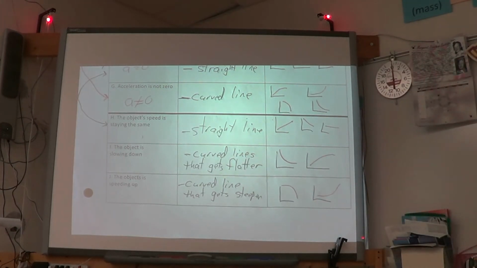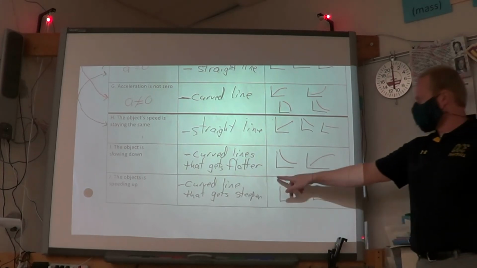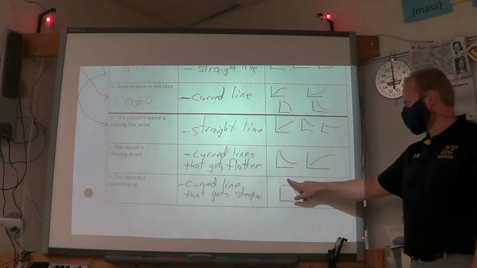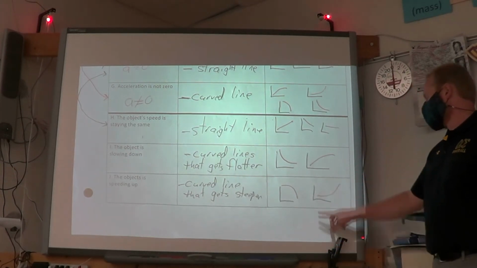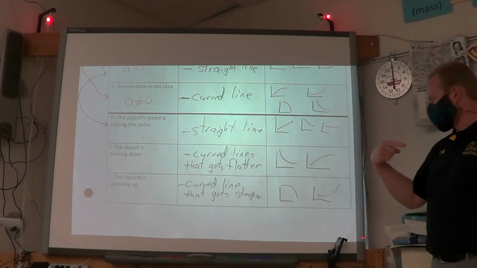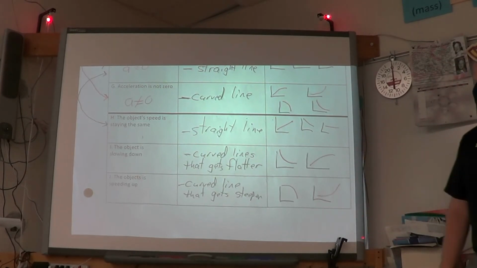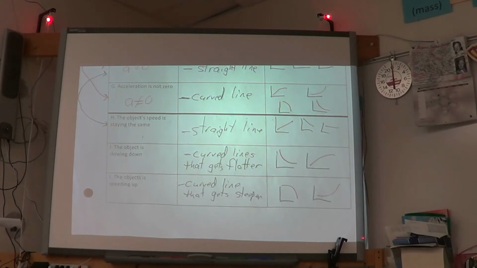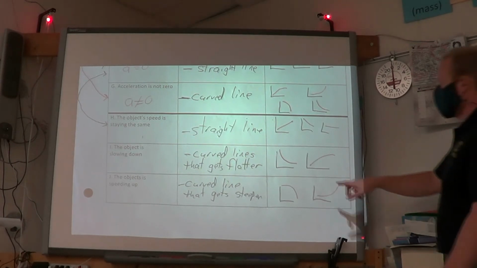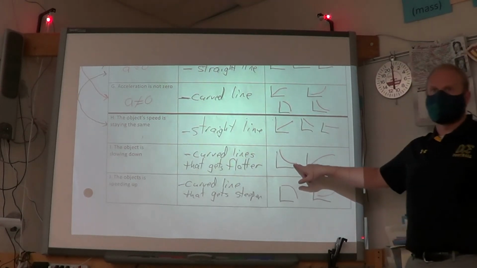That's all that's shown. These curved lines are getting steeper, so this is also moving in the negative direction, but it's going faster and faster, whereas this one is moving in the positive direction and it's getting steeper. Now, just so I'm upfront with you, these graphs just stop. That's probably a velocity of 0.